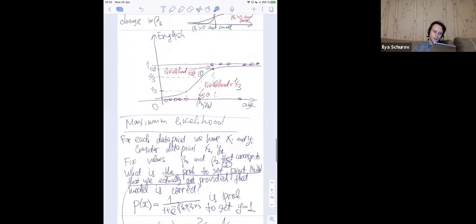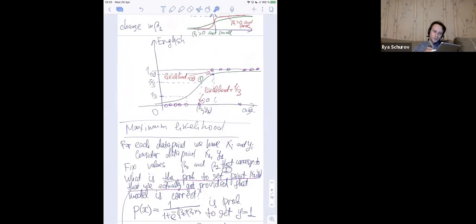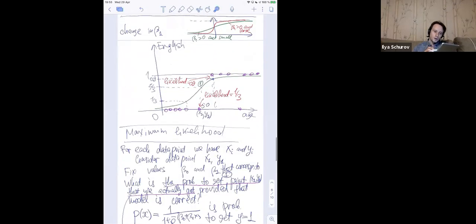let me discuss a little bit more this likelihood thing. If we fix our parameters, we fix this curve. Then if we have data and this curve fixed, for each point in our data set, we can find the likelihood of this particular point.